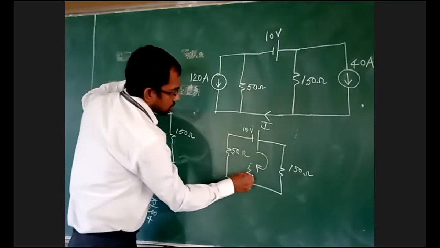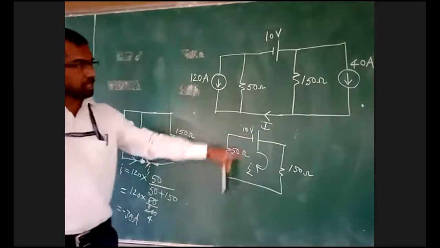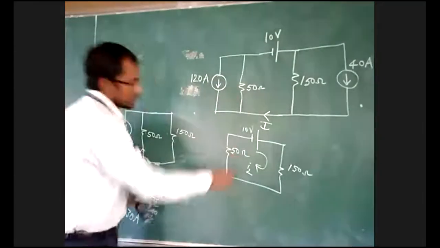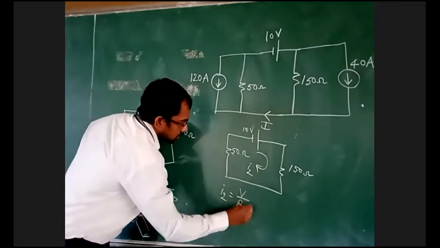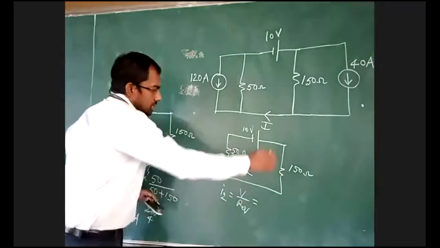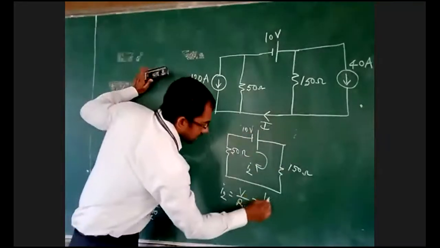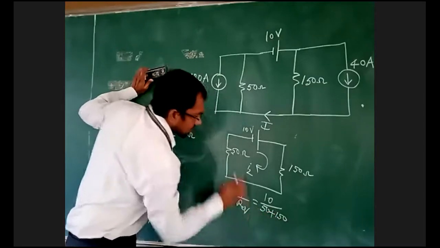In the first circuit, I am taking it as I1. In the second circuit, I am taking it as I2. Current always flows from negative to positive. Then what is I2? I2 is equal to V by R equivalent. All are in series. In series, the equivalent resistance is 50 plus 150, and V is 10.